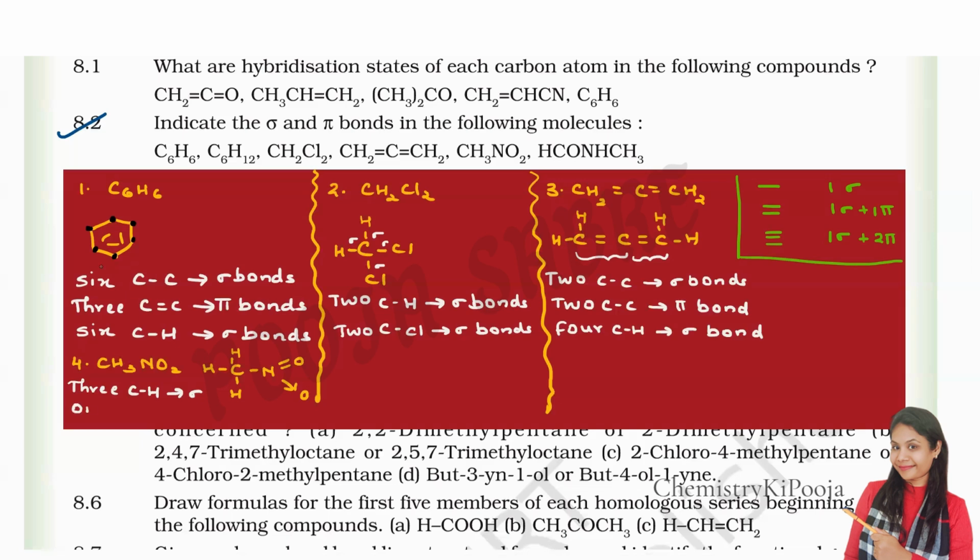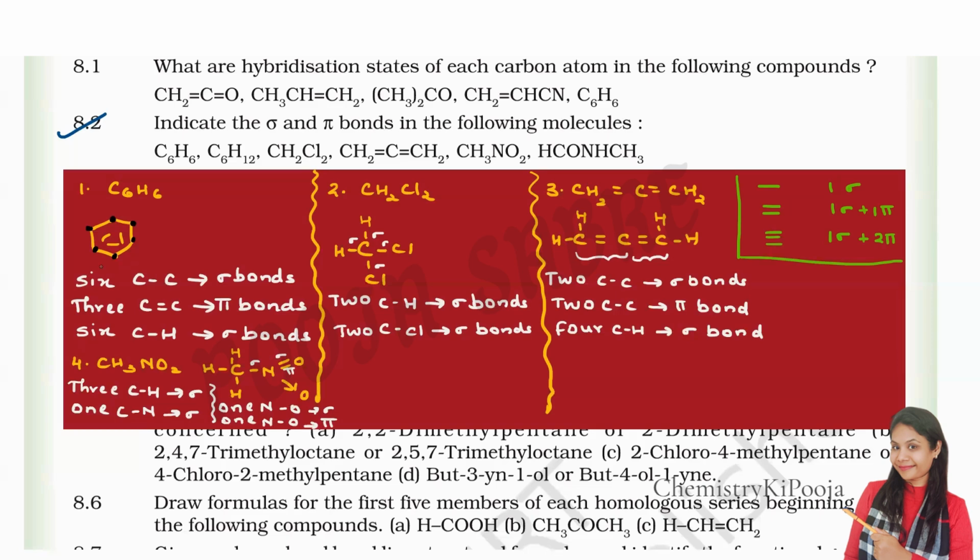Then we also have one nitrogen-oxygen sigma bond and one nitrogen-oxygen pi bond. Clear? So we have 3 carbon-hydrogen sigma bonds, 1 carbon-nitrogen sigma bond, and then 1 nitrogen-oxygen sigma and pi bond.